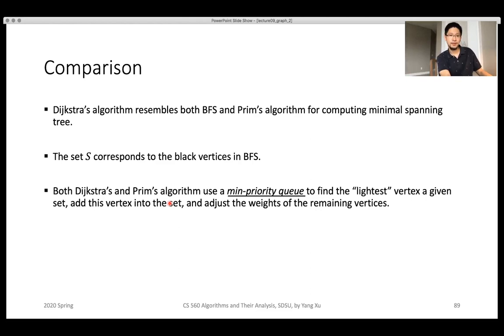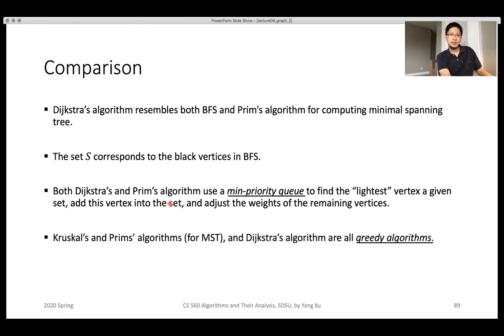Kruskal's algorithm, Prim's algorithm, and Dijkstra's algorithm all belong to the greedy algorithms category, because they all make locally best choices with the hope of achieving the globally best results. And fortunately, they all work as long as the input constraints are satisfied.